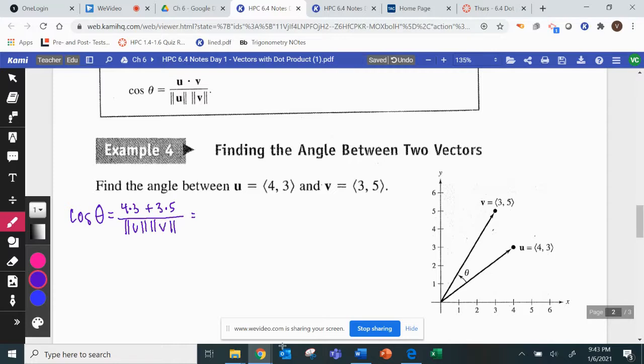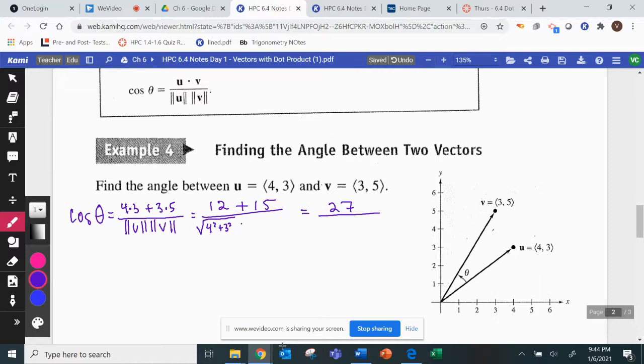I'm just going to work on that top just a second here. And then that becomes, what is that? 27. Okay. On the bottom, the magnitude of u, I'm going to do it the old way, where I do the square root of 4 squared plus 3 squared.